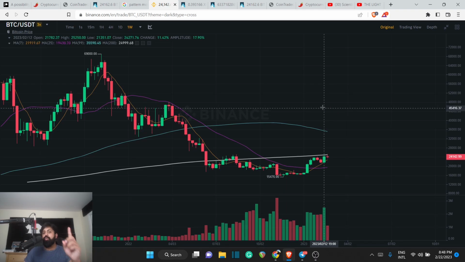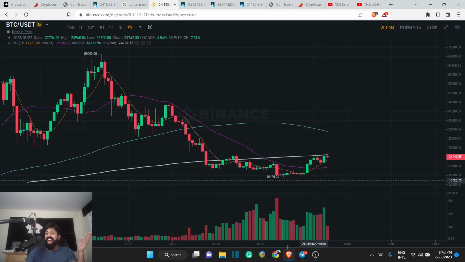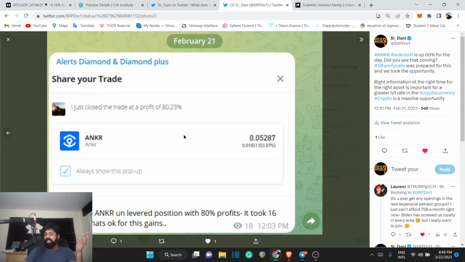But remember, even 1% moving 80 to 100% like this is generating 80 to 100% of your portfolio from just one position. So if that one position is making that, and on another position you're taking a 30-40% hit, you are losing 0.5%. A lot of people misunderstand this.